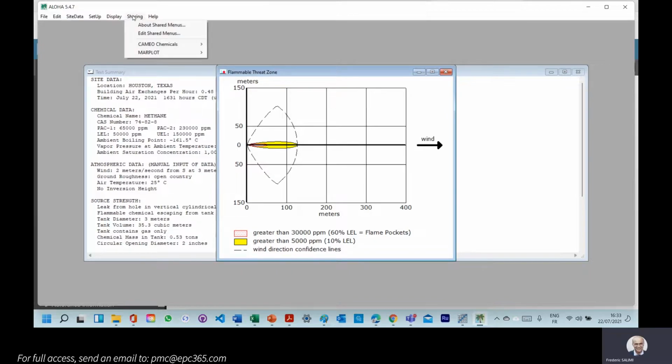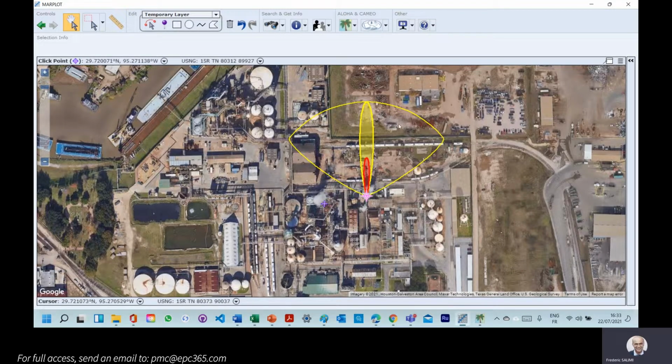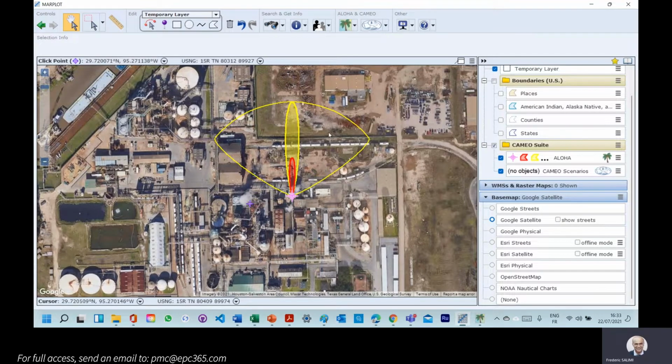So in order to see it in the layout, when you go to pool, you can see here. And if I put it here, you can get this information from Google Earth, or Google satellite, or other sources that you can see here.